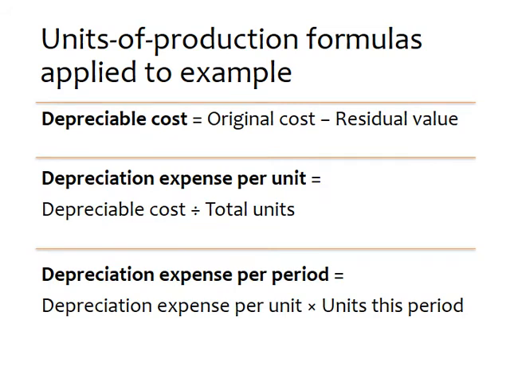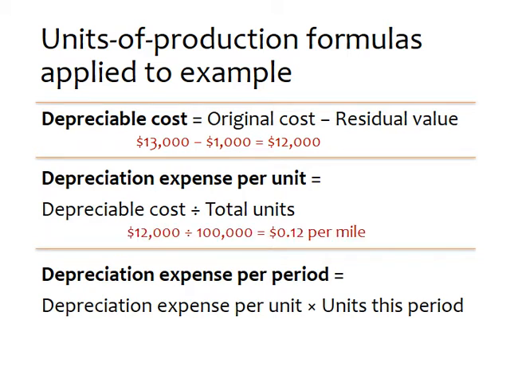Now we can use those formulas to calculate the units of production depreciation for our ice cream truck example. The depreciable cost is calculated as the original cost of $13,000 minus the residual value of $1,000, giving us a depreciable cost of $12,000. The depreciation expense per unit is equal to the depreciable cost of $12,000 divided by the total units.